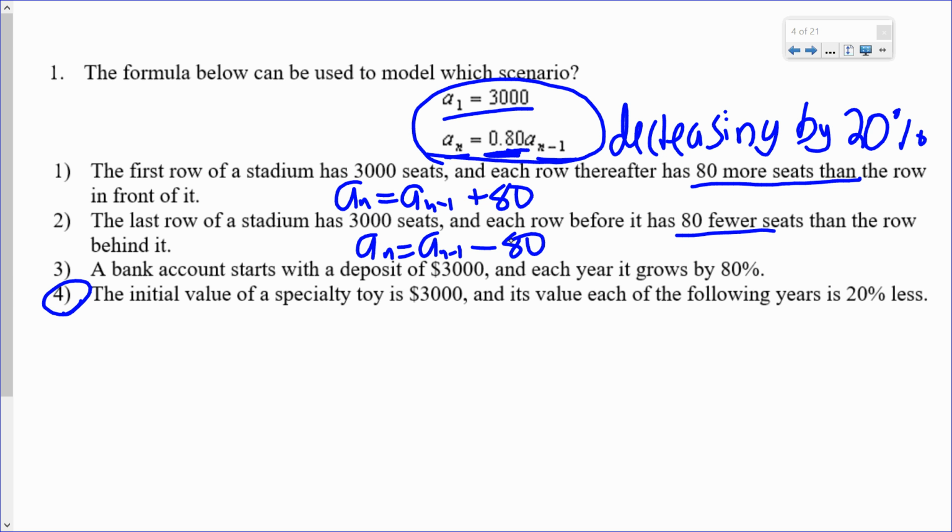A bank account starts with a deposit of 3,000, and each year it grows by 80%. If it grows by 80%, it's increasing by 80%. So it's 1 plus 0.8, which would be 1.8 an minus 1. 20% less is 1 minus 0.2, which is 0.8. That's your answer. The more practice you get with these, the more sense they're going to make.